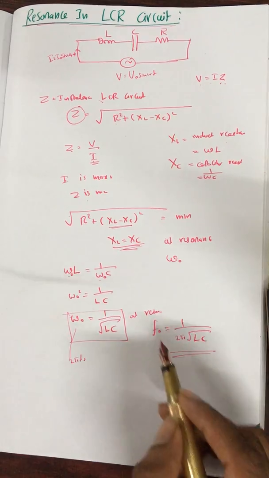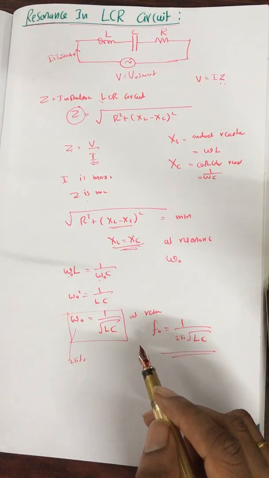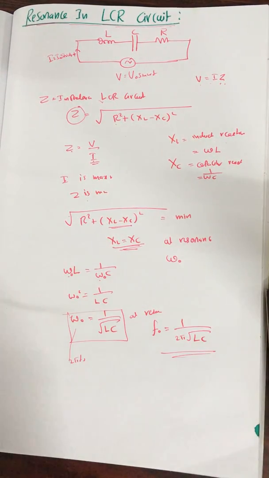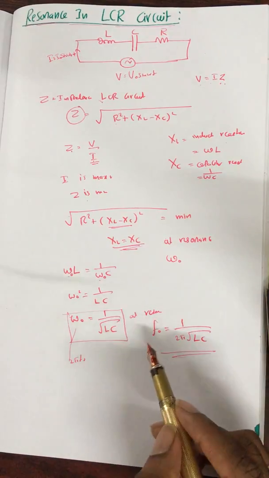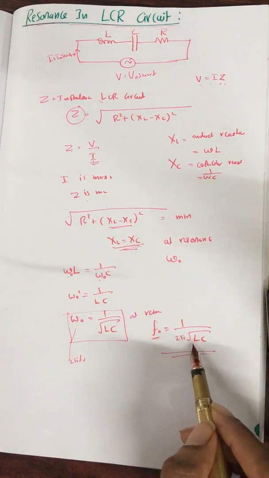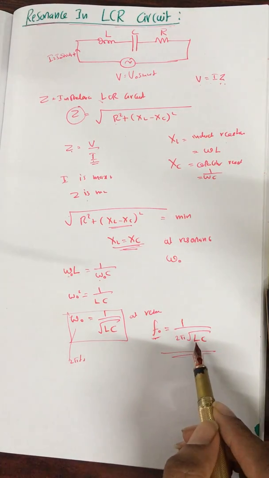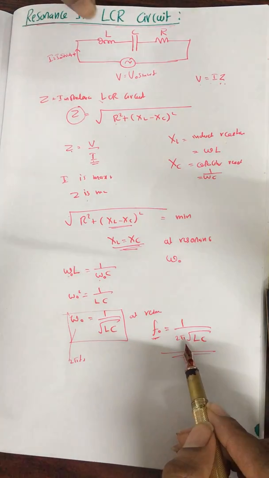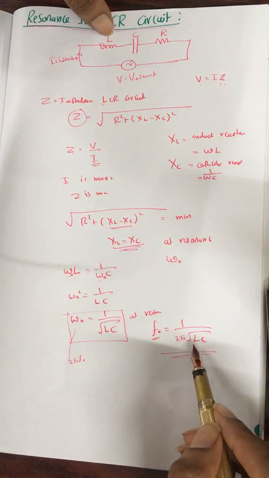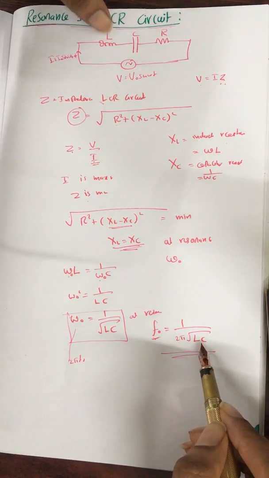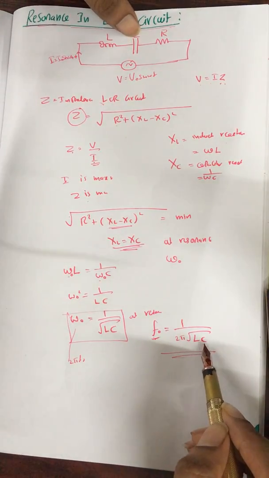So this is the expression for the resonance frequency. I can say that when the current in the circuit becomes maximum, the resonant frequency is 1 by 2 pi square root of LC, and the resonant frequency depends on the inductance of the coil as well as the capacitance of the capacitor.